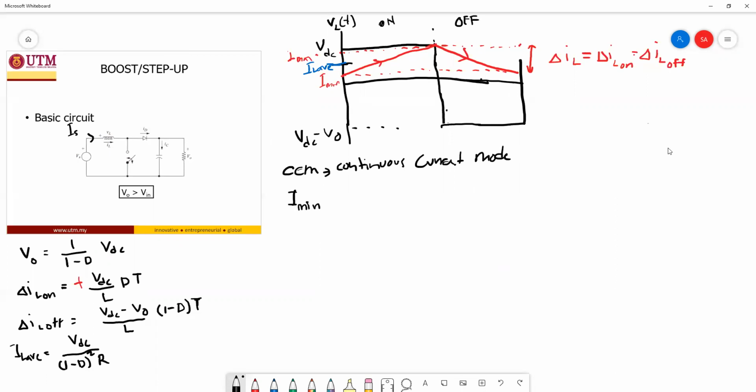I minimum must be set equal to 0, and we know that I min is IL average, which is VDC over (1 minus D) squared R, minus delta IL over 2, which is VDC D T over 2L. Then this must be set equal to 0.